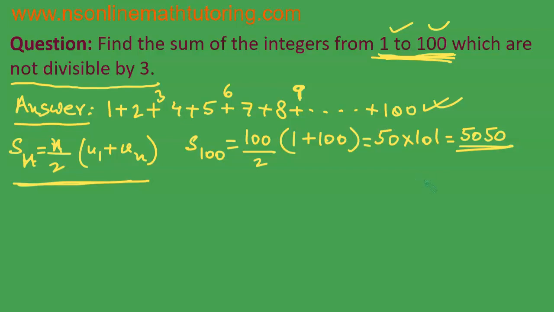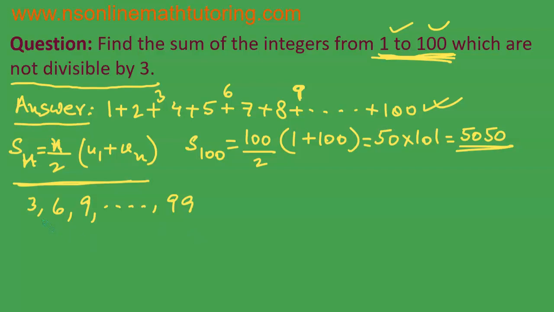That means we have to get the sum total of all the numbers lying between 1 and 100 which are divisible by 3. And what are those numbers? The first number is 3, second is 6, third is 9, and it continues, and the highest number which is divisible by 3 and is between 1 and 100 is of course 99.